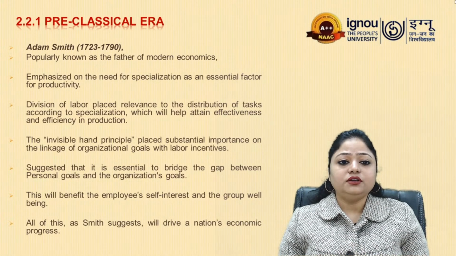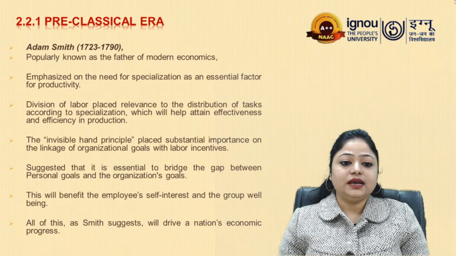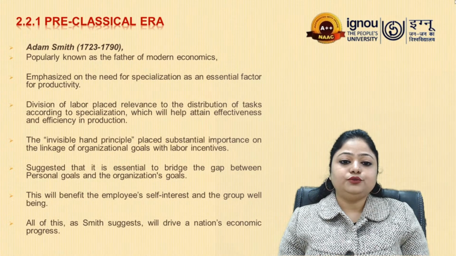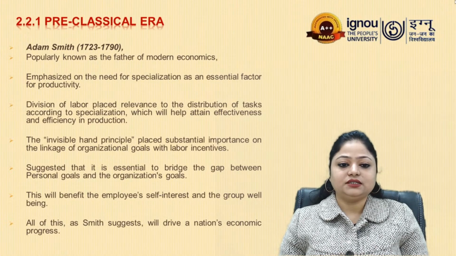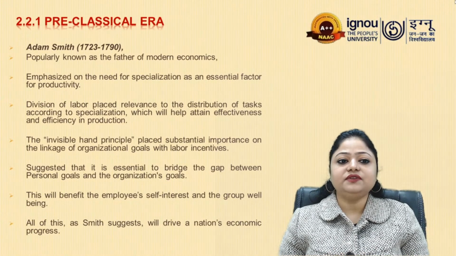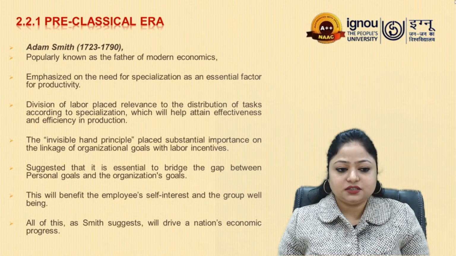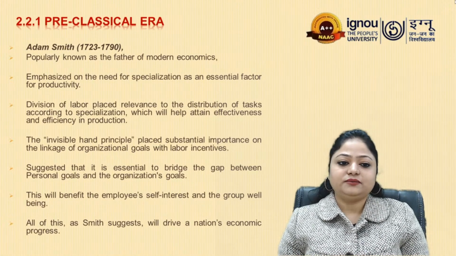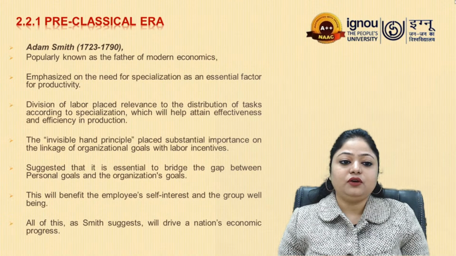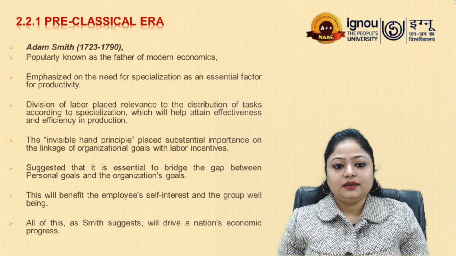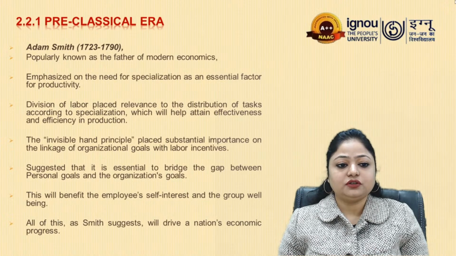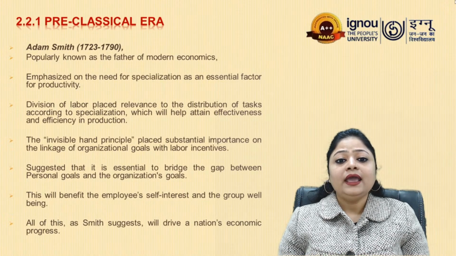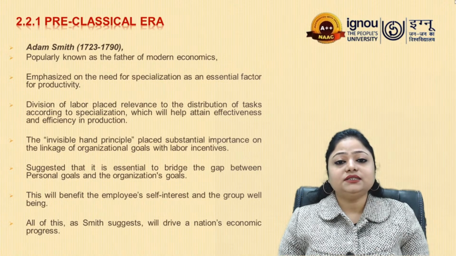Division of labor, according to him, was placed as a relevant contributing factor to the distribution of tasks according to specialization. And in his view, it helped to attain effectiveness and efficiency in production. Then, according to Adam Smith, there was a principle of invisible hand, placed in such a manner that we can understand the substantial importance of the linkage of organizational goal with labor incentives.